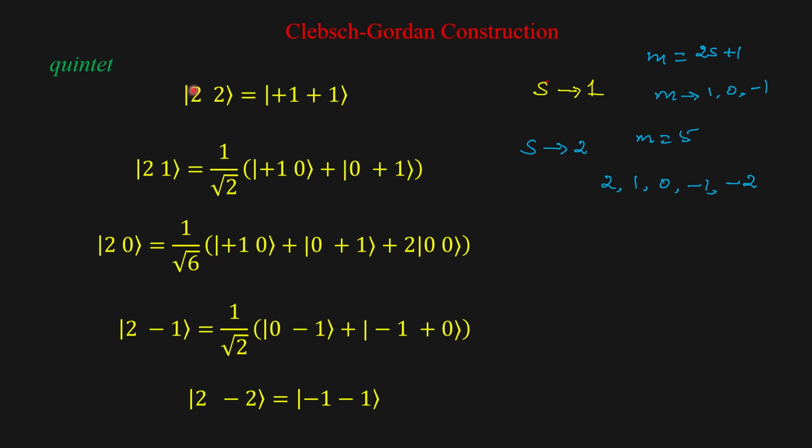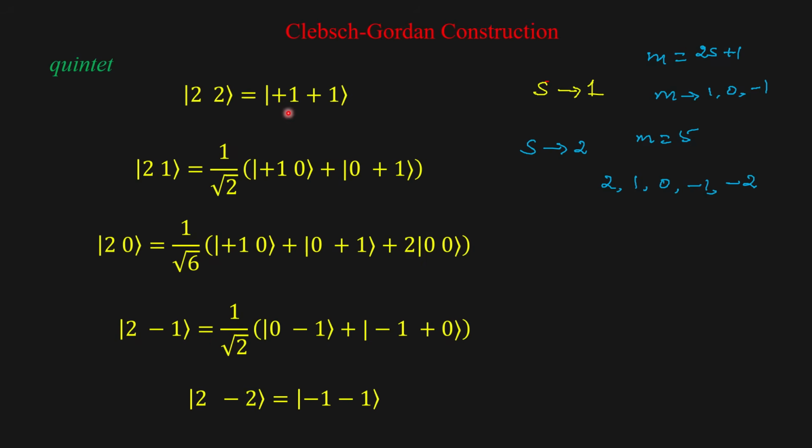So when total spin is 2, you have 5 different states: 2, 1, 0, minus 1, minus 2. For m equal to 2, you get the vector plus 1 plus 1.